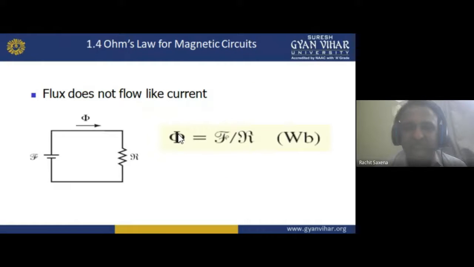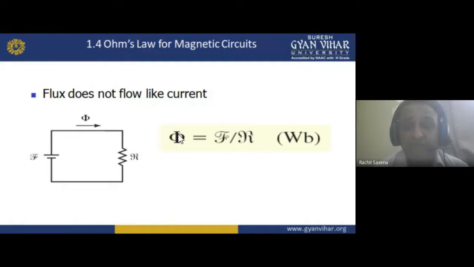Next. In the previous lecture, I told you that as per Ohm's law, we have three things: voltage, current, and resistance. If I apply this to the magnetic circuit, voltage becomes MMF because it is like EMF. In an open circuit, we say electromotive force, EMF.